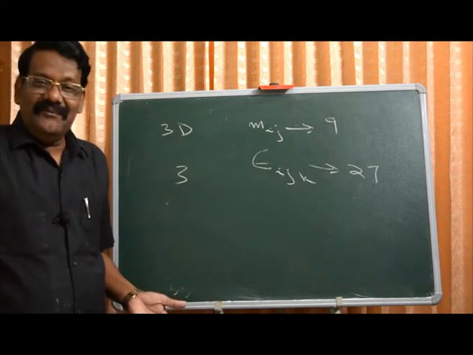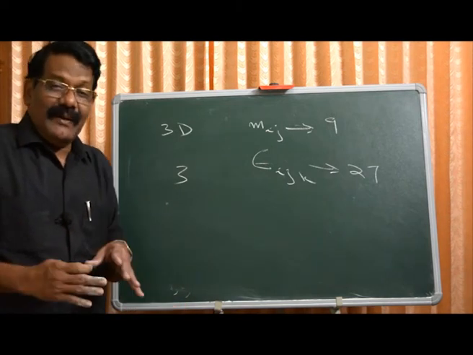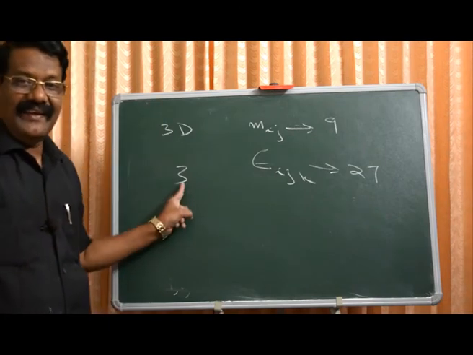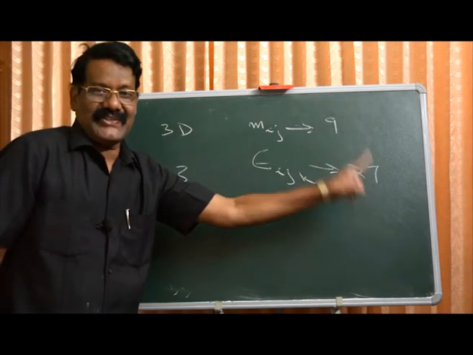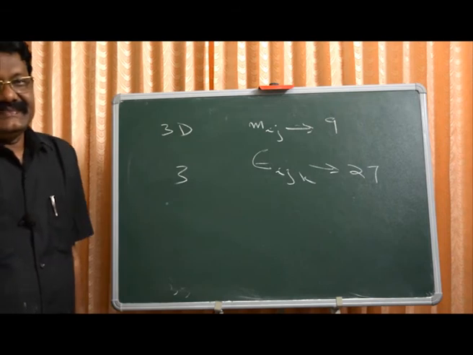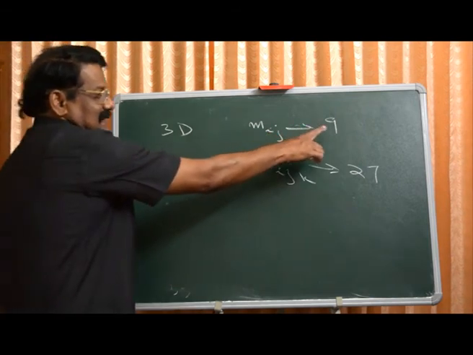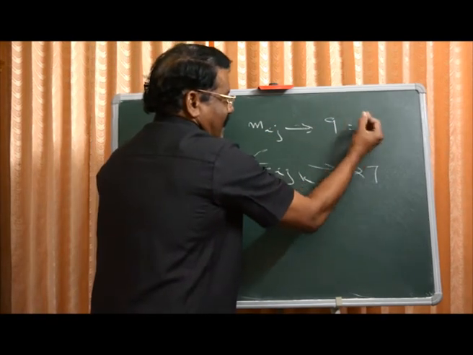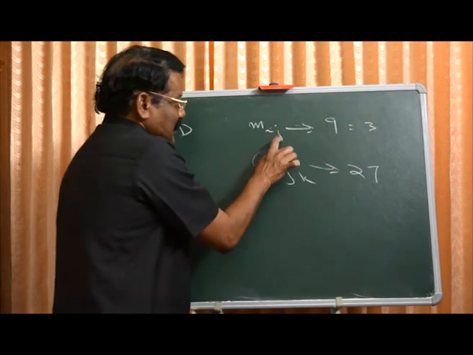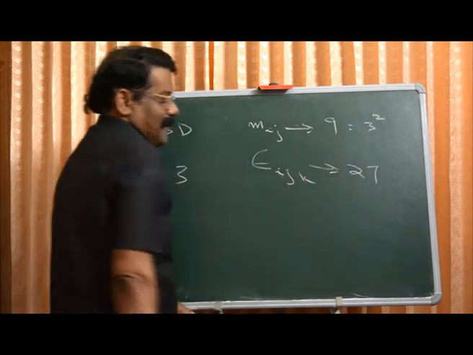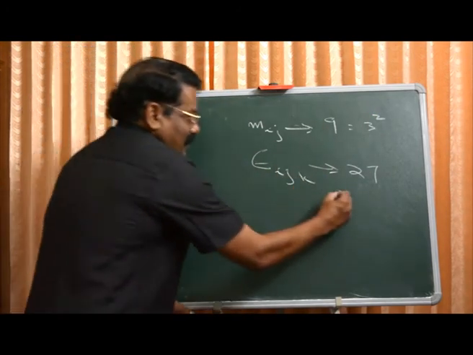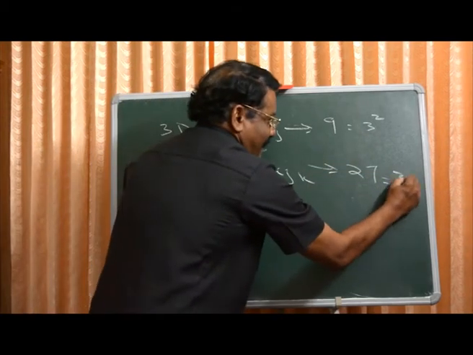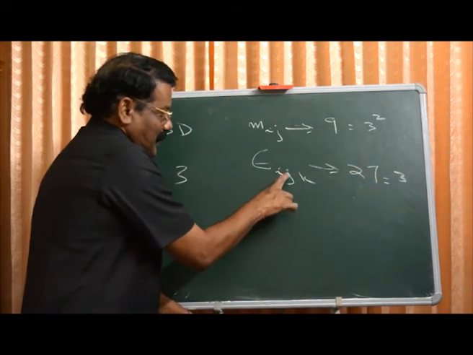Now you can very well develop a very beautiful formula connecting dimensionality and the number of components. Correct? So these can be written as 3 squared, and this can be written as 3 cubed.